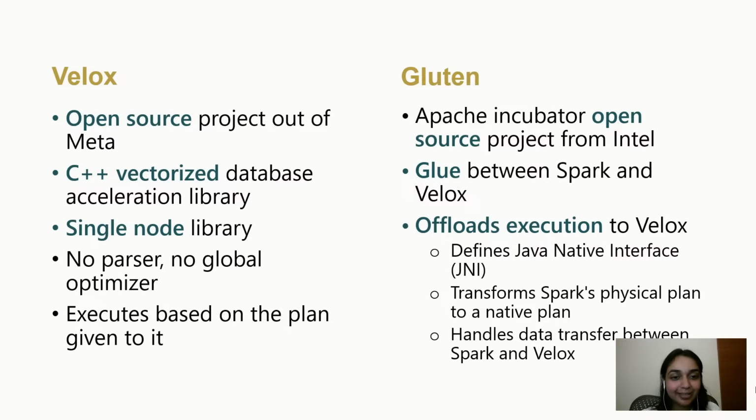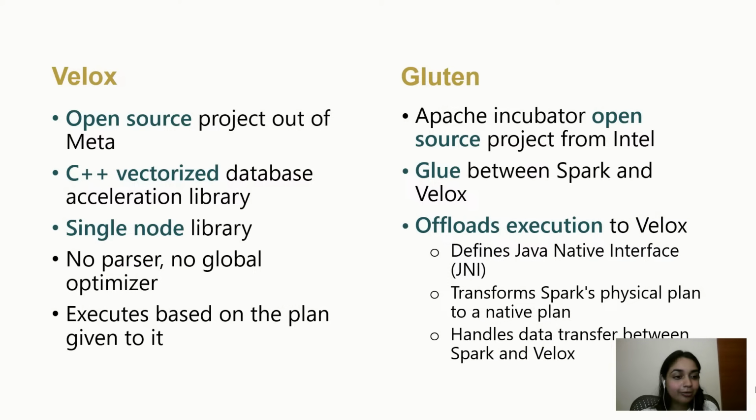So Velox is an open source project out of Meta that is now developed in collaboration with a number of companies, including us at Microsoft. Velox is essentially a C++ database acceleration library, which is intended to accelerate your compute-intensive operations.